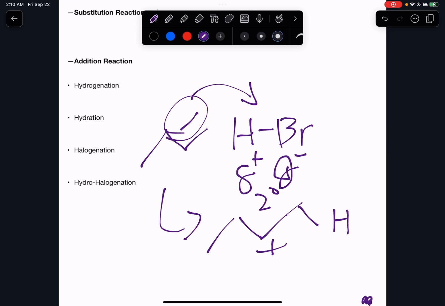There are actually two ways to write it, because one of them is more stable, the secondary carbocation. So we tend to write this one as the final answer for this question.